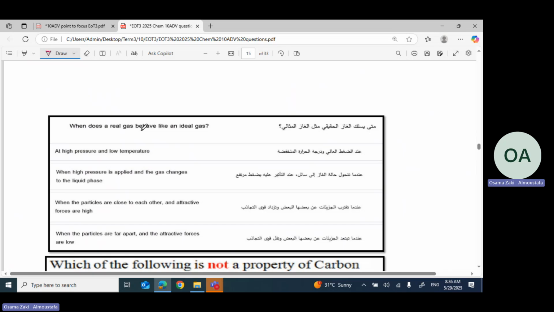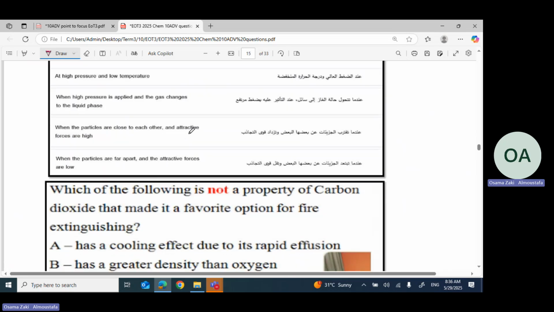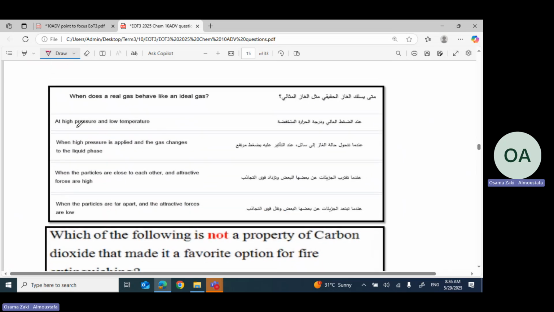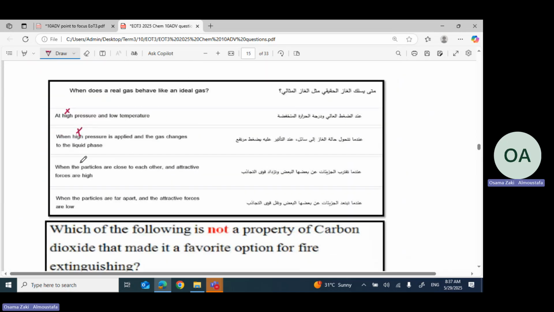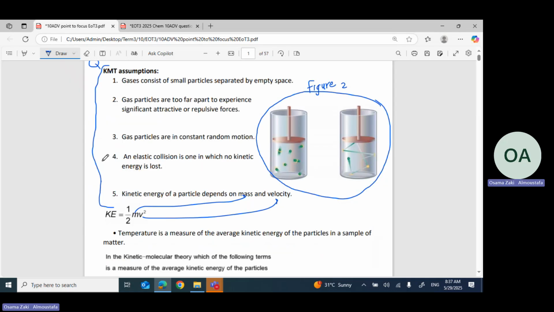So when does a real gas behave like an ideal gas? At high pressure? No, because it should be low pressure. Particles are close together? No. They should be far apart. Okay, and by the way, if you have a gas and this gas wants to be an ideal gas, it should follow these assumptions.